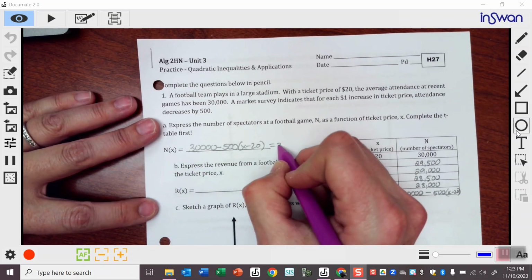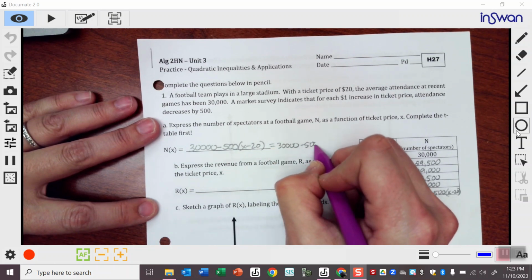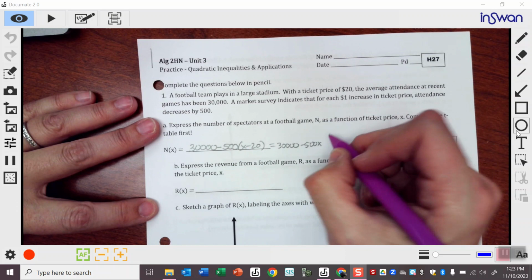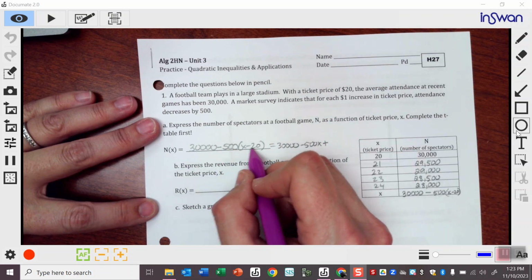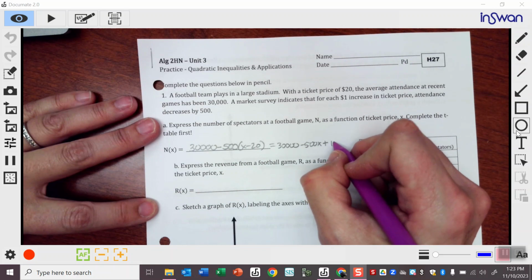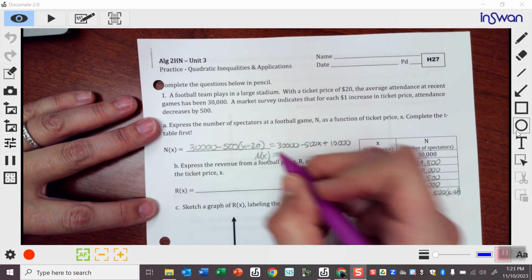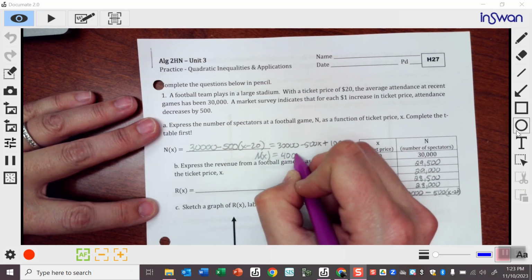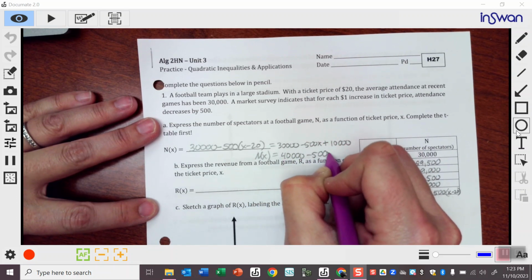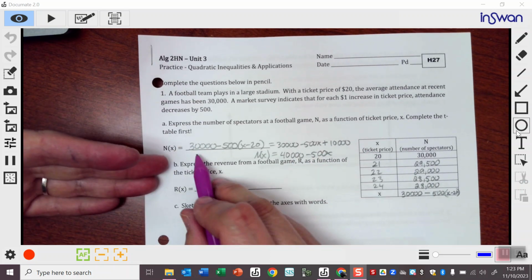That's 30,000, minus 500 times x, and then minus times a minus would be a plus, and 5 times 2 is 10 with 3 zeros, so 10,000. So my n of x has now changed into 40,000 minus 500x. It doesn't make sense anymore to us, but it came from this, which did make sense.